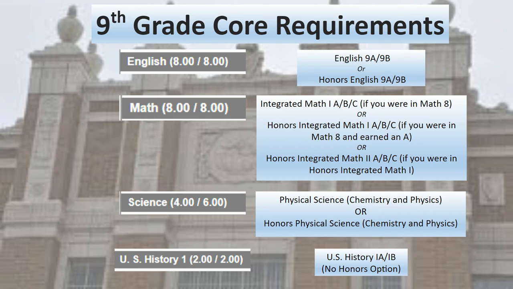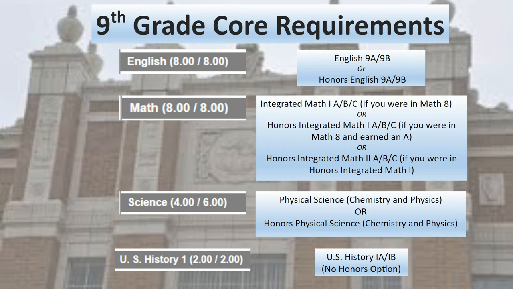Or if they were Honors Integrated Math 1 this year as 8th graders, next year they will go into the Honors Integrated Math 2. Your 8th grade math teacher has already provided their recommendation for your student for next year, and the proper math should be preloaded. If you have a question about the math, make sure that you contact your current 8th grade math teacher and they can get the recommendation to us so that we can get that corrected.